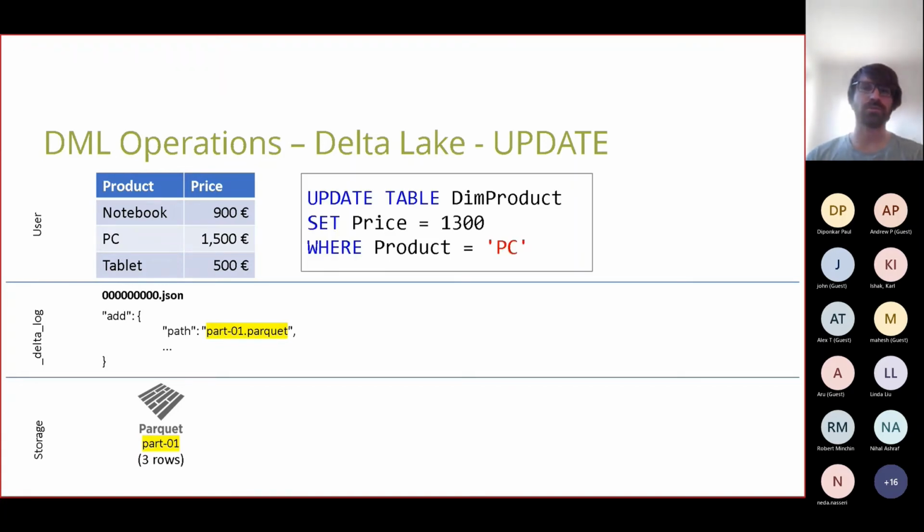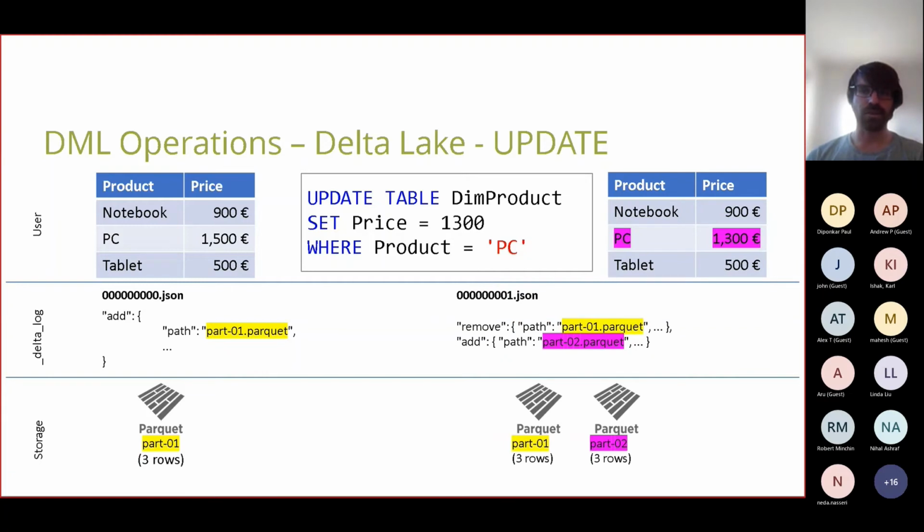Now, what happens if you run an update statement? It's creating a new transaction. It is removing the old file from the Delta table and adding a new file to the Delta table. So you now end up with 2 Parquet files, each containing 3 rows, but only the last one is part of the most recent version of your table.